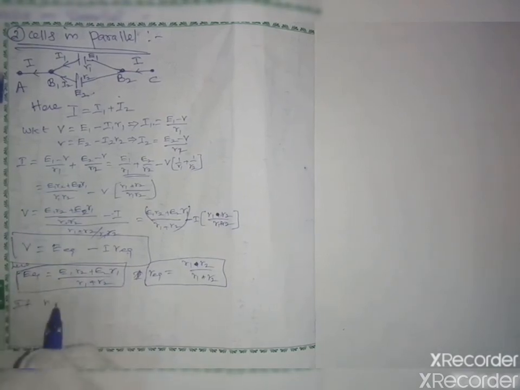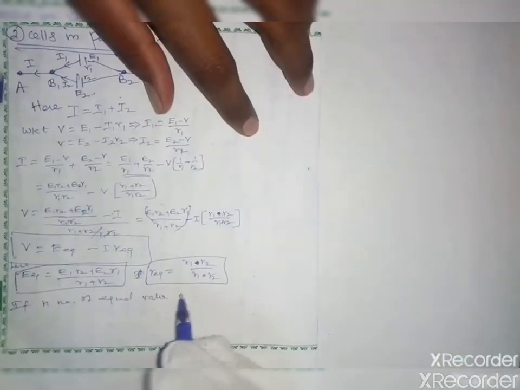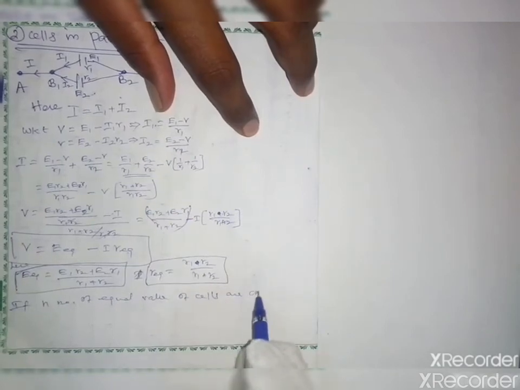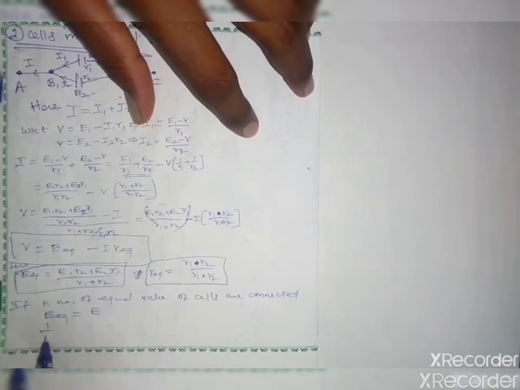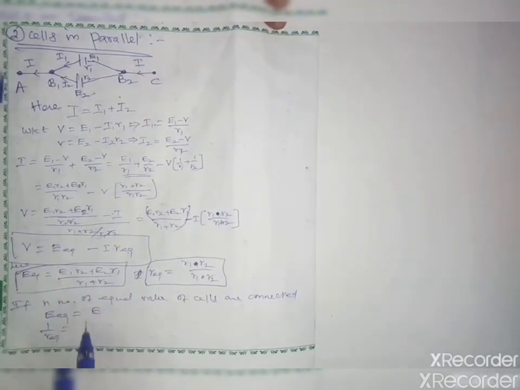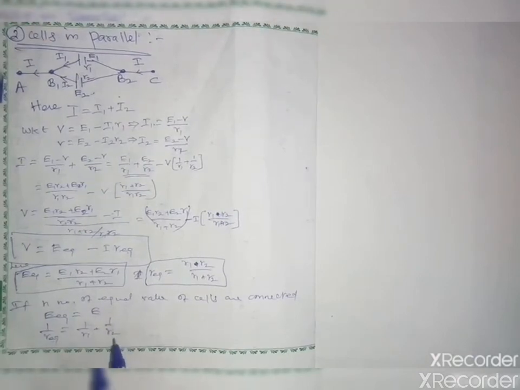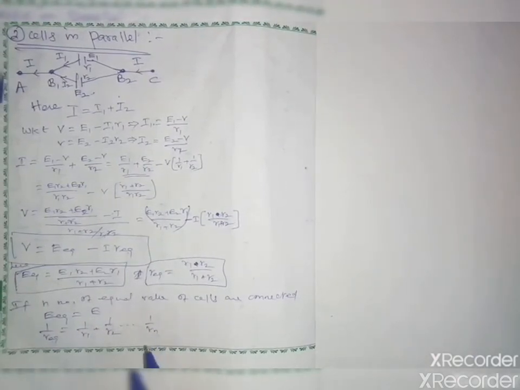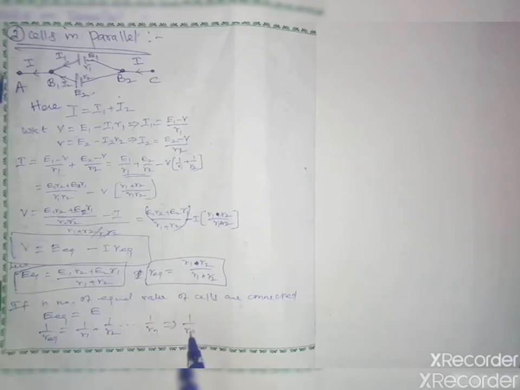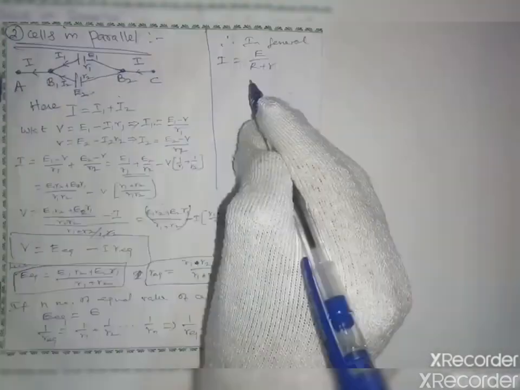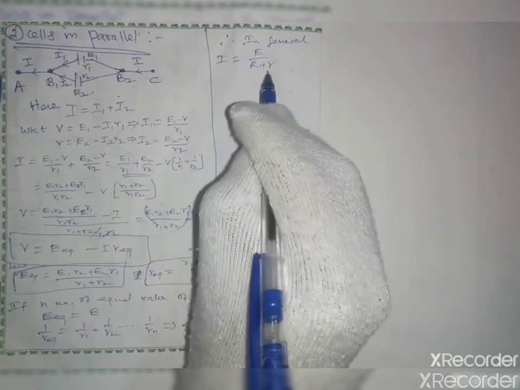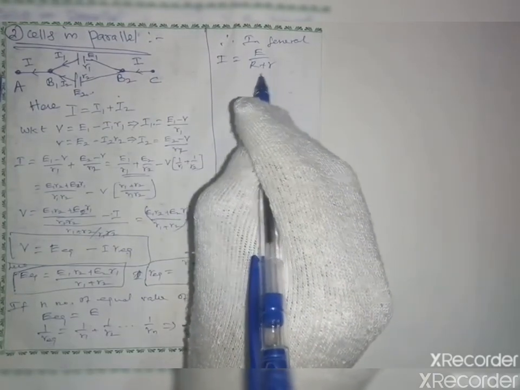So if n number of equal value cells are connected, E equivalent can be written as E, and 1 by r equivalent equals 1 by r1 plus 1 by r2 up to 1 by rn. So we can write 1 by r equivalent equal to n by r, because in general we know that I equal to E by R plus r, the external resistance plus internal resistance.